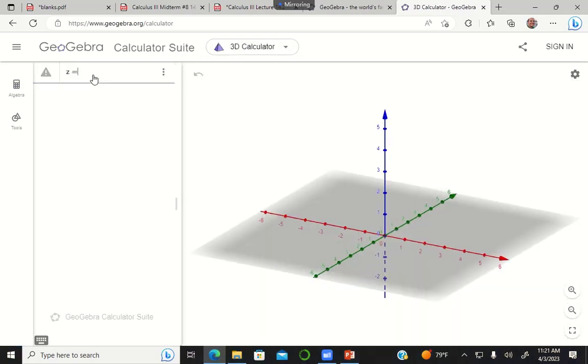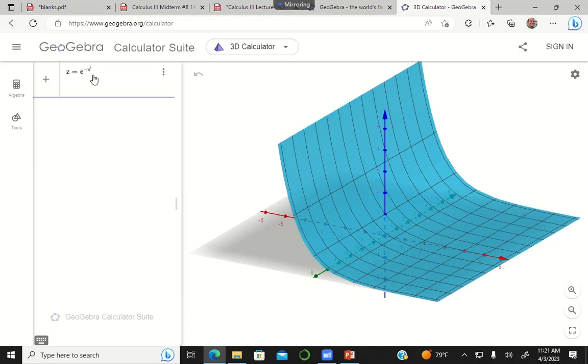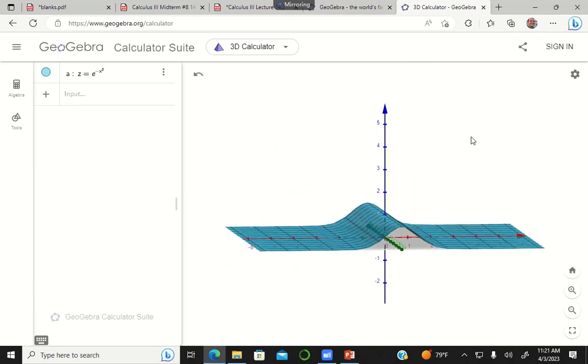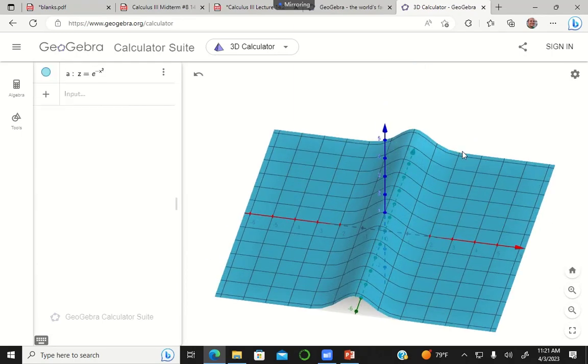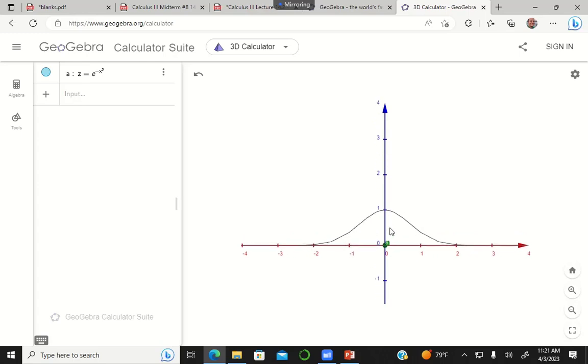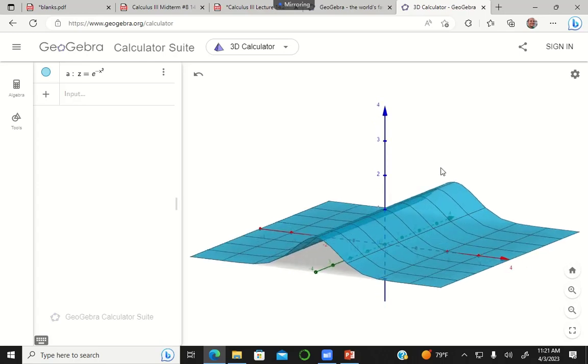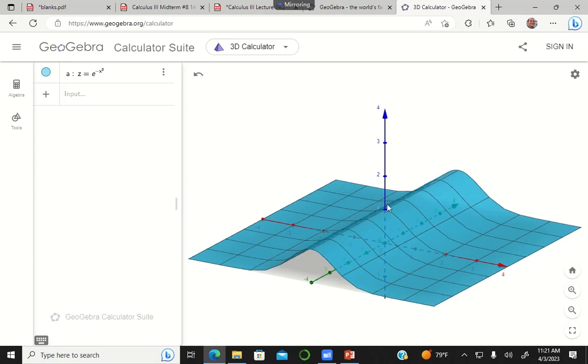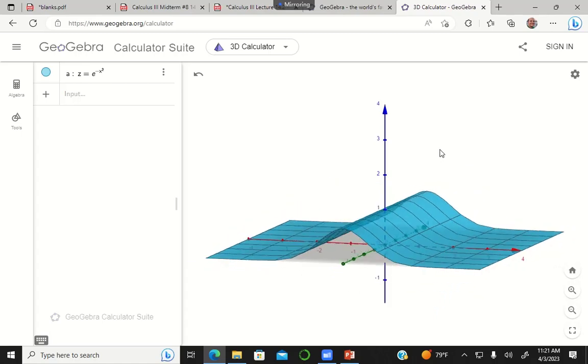If I type in z equals e to the power negative x squared, the red axis is my x-axis, and z as a function of just x would look like that. But since it's constant with respect to y, the surface is flat if you only look in the y direction. So that's the surface we get.